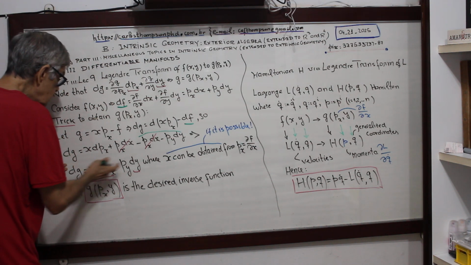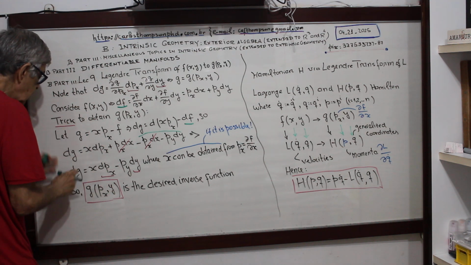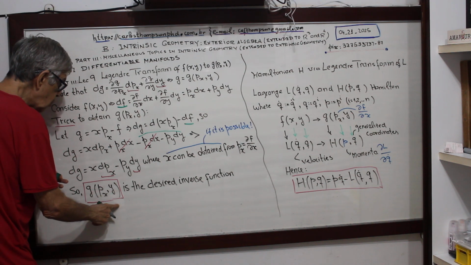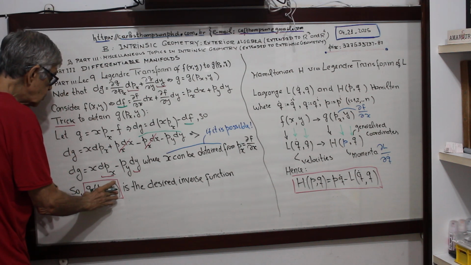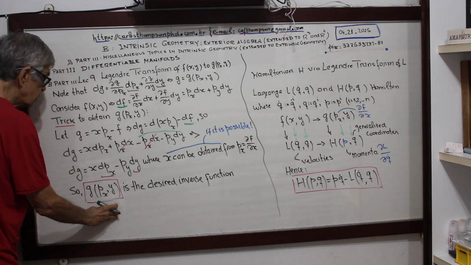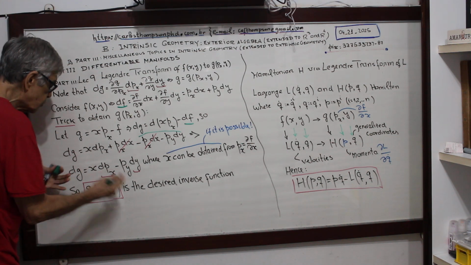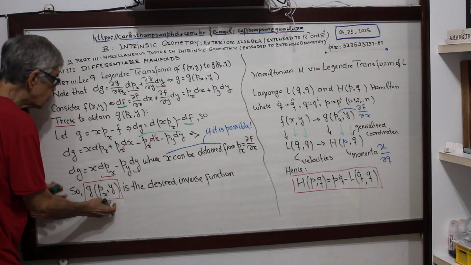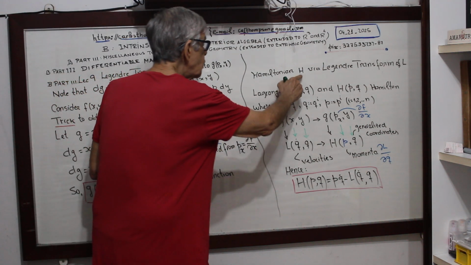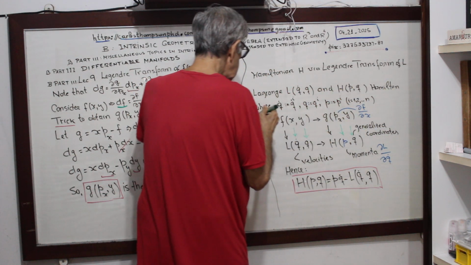So this is a trick to obtain g, a function of px and y. As I said, you will see ahead why this is a very important relation for the g function, a very important function, to move to the Hamiltonian H via the Legendre transformation from L.